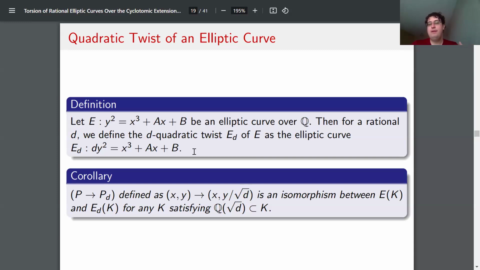In any field, if root d is contained in K, then we have the isomorphism between the K-rational points of E and K-rational points of E_d, just by taking x and y to x and y over root d. My result will be heavily involved with quadratic twists.